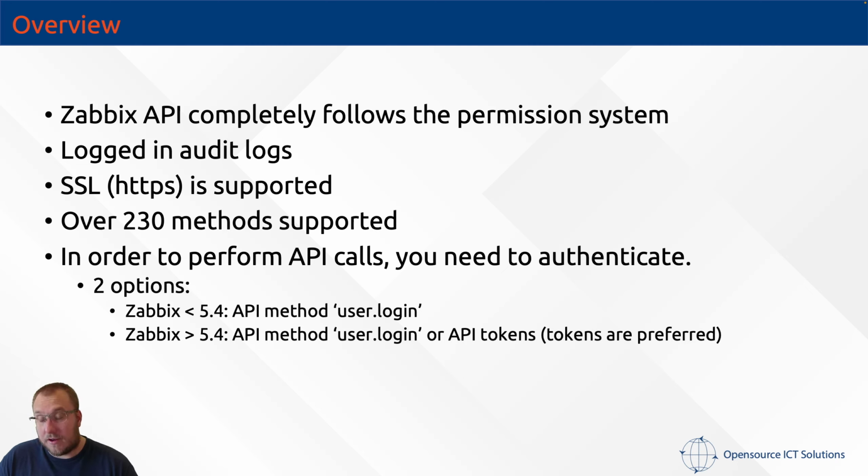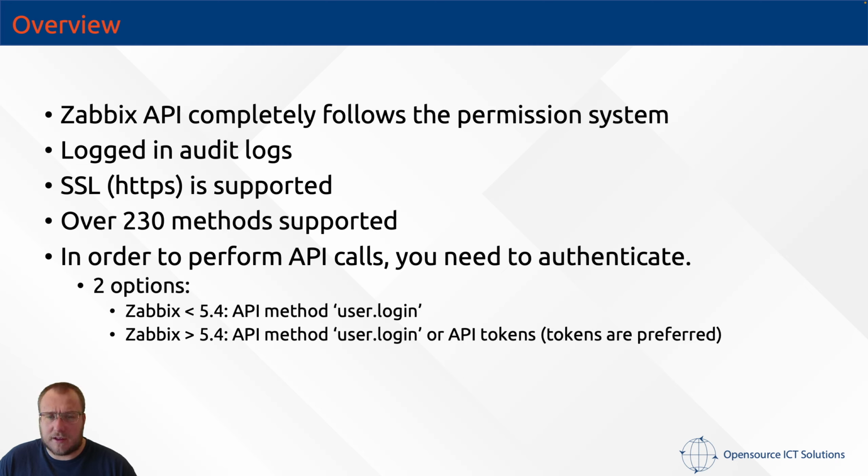If the user has read-only access, then via the API he will have read-only access. So that's really, really well done by Zabbix. API calls are logged in the audit logs, and of course SSL or TLS, basically HTTPS secure connections, are supported.